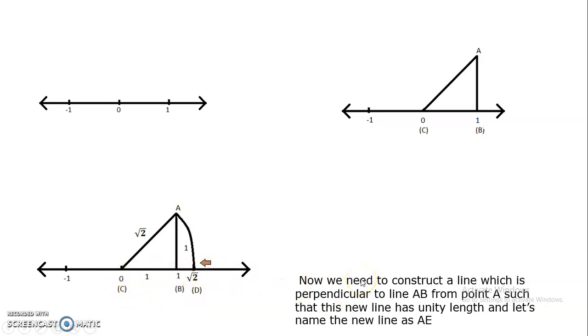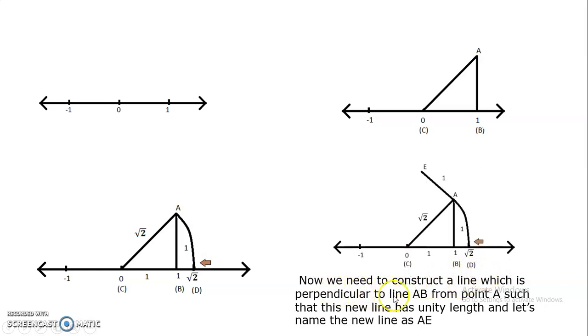After this, now we need to construct a line which is perpendicular to the line AB from point A. Now from here we'll draw a perpendicular line from point A to E, that is also 1 centimeter long. This we have already made, and here we are making a perpendicular 1 centimeter long.